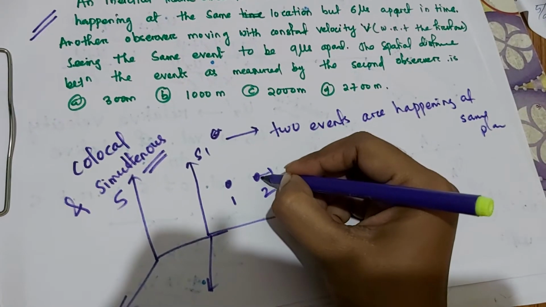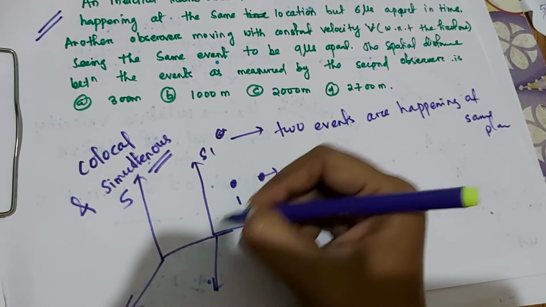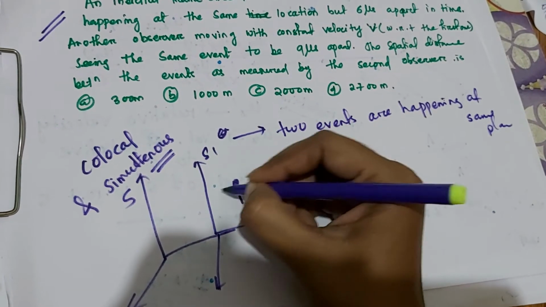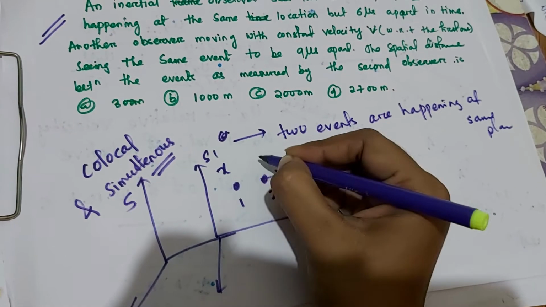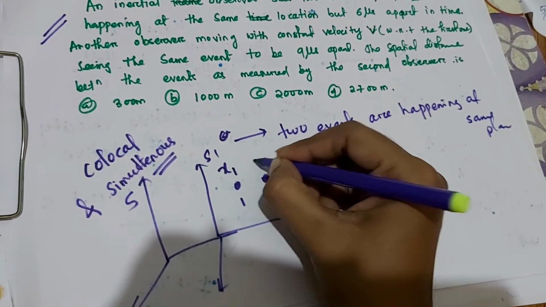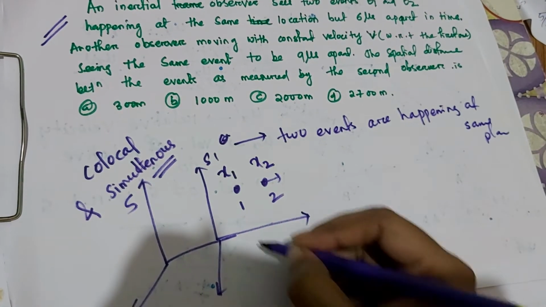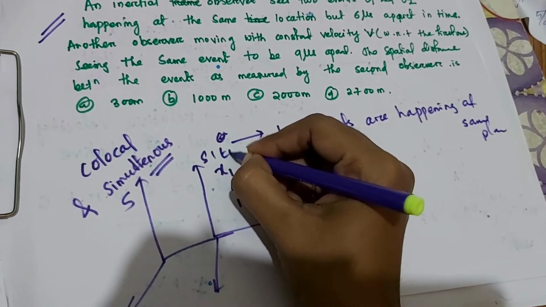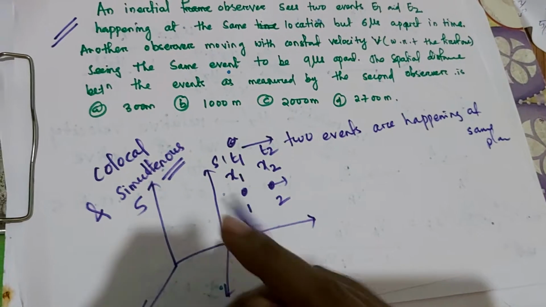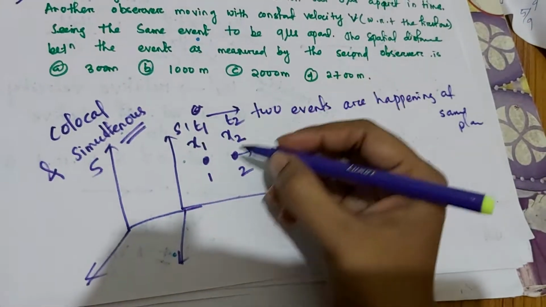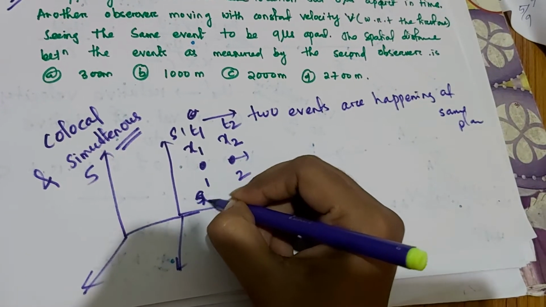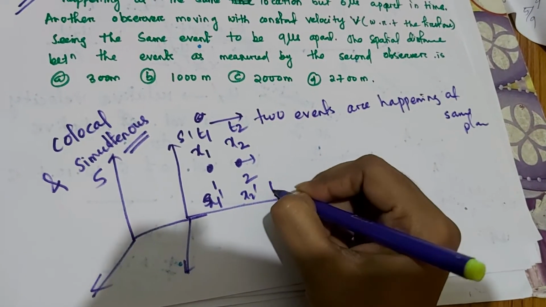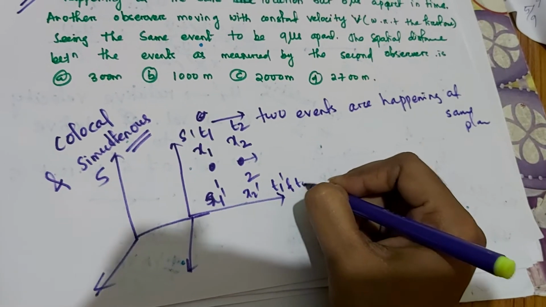For the S frame, this is happening at position x1, and this at position x2, at time t1 and time t2. From the S prime frame, let these be x1 prime and x2 prime, t1 prime and t2 prime respectively.